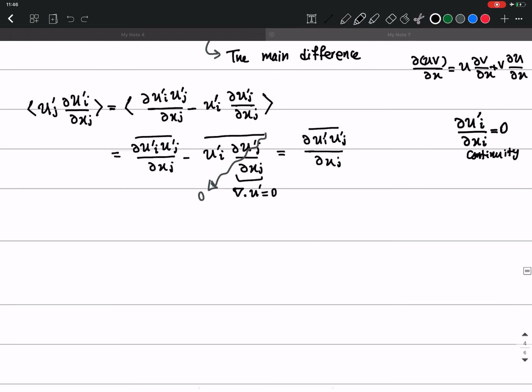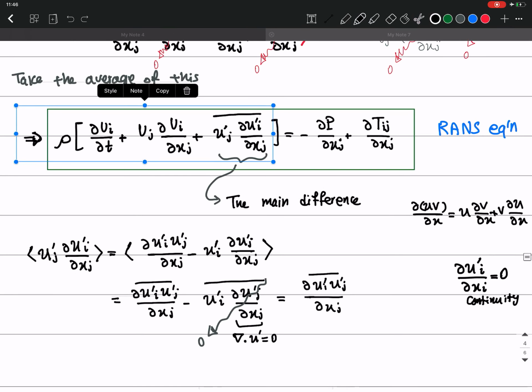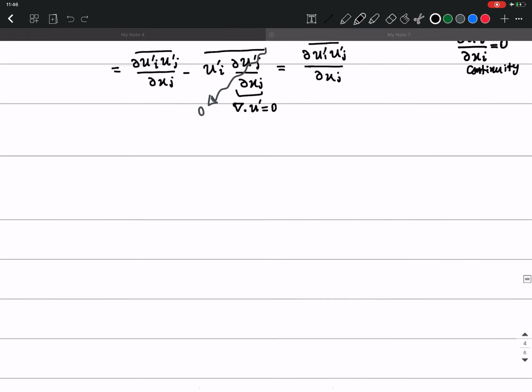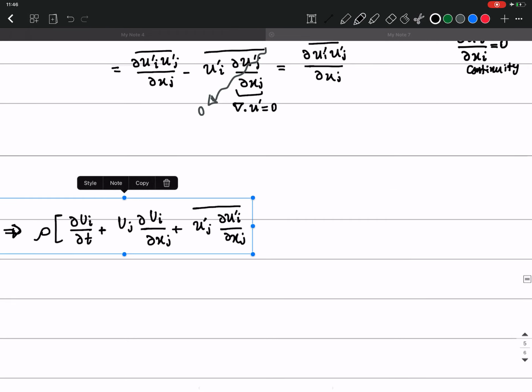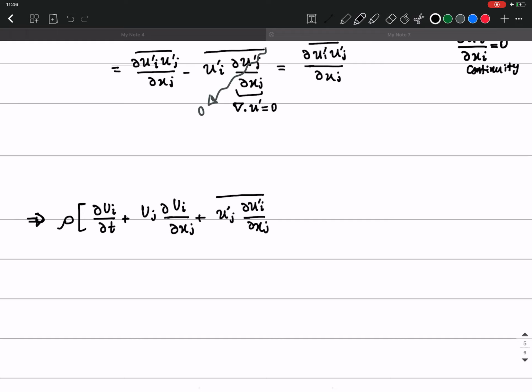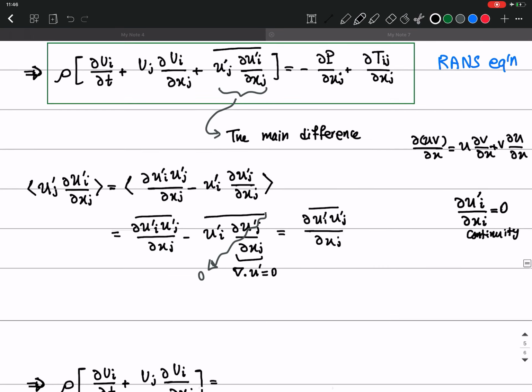So I can just rewrite this equation again. Instead of this term, I can take this to the right-hand side of the equation, and we are going to figure out why we are doing this in a moment.